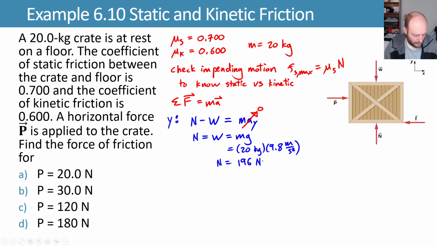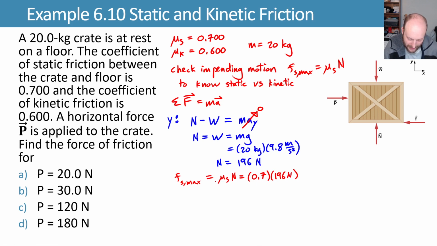So far, so good. Now we can check impending motion with the normal force. The maximum static frictional force that could ever be exerted given this normal force is μSn, or 0.7 times 196 newtons.